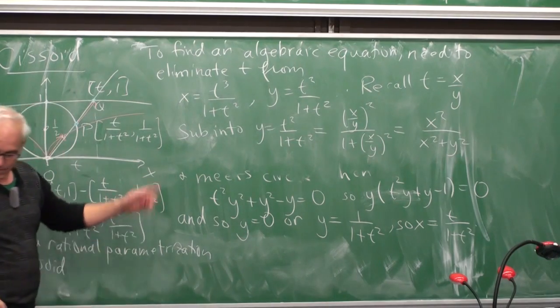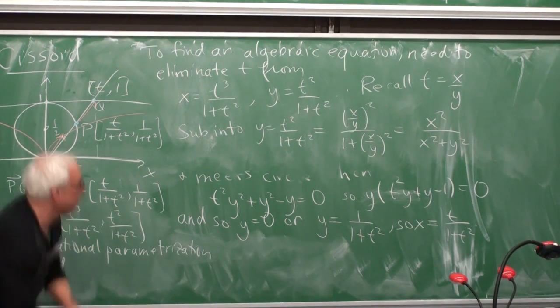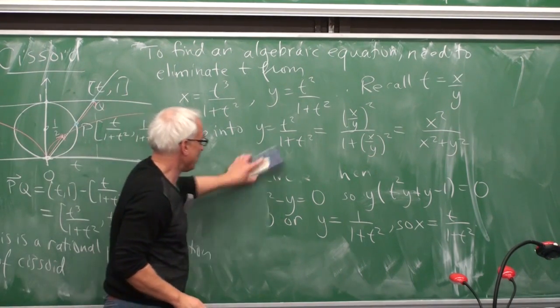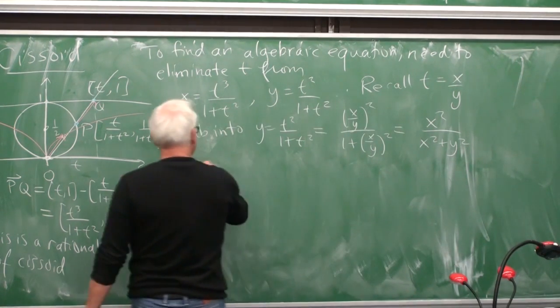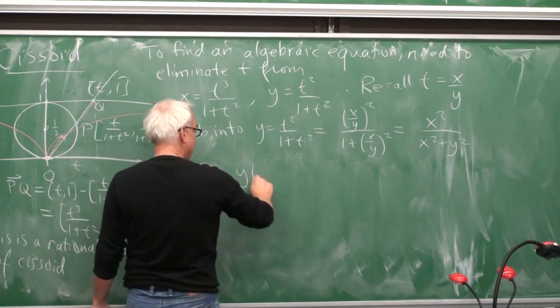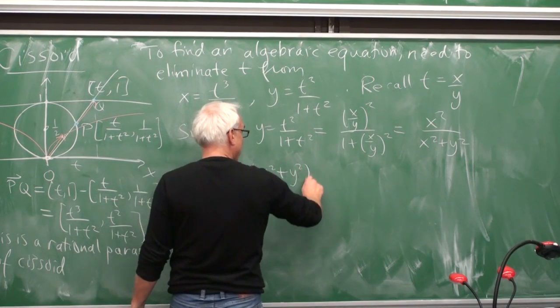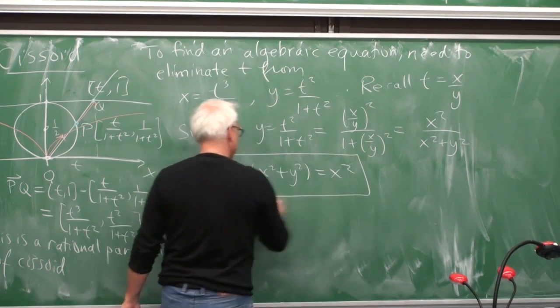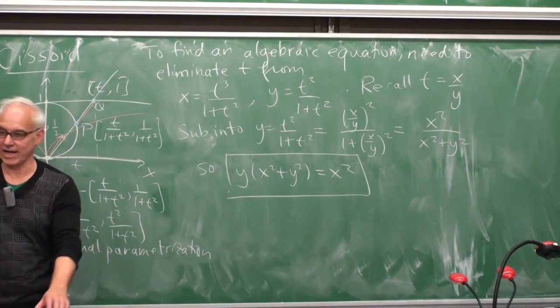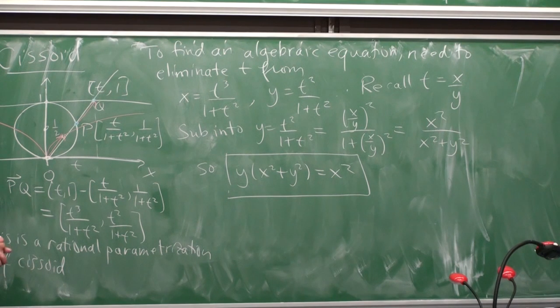And then if we equate that to y, we get an algebraic equation for the cissoid. So altogether, y times (x squared plus y squared) equals x squared. That's now an equation just relating x and y. We've eliminated t.